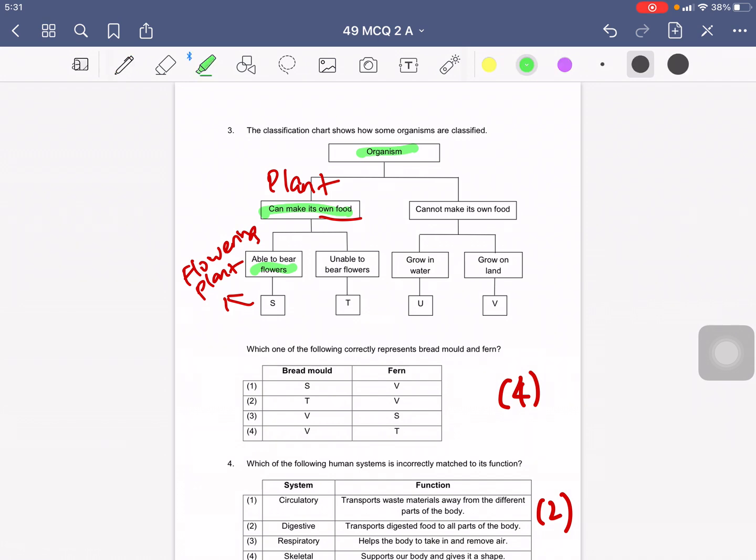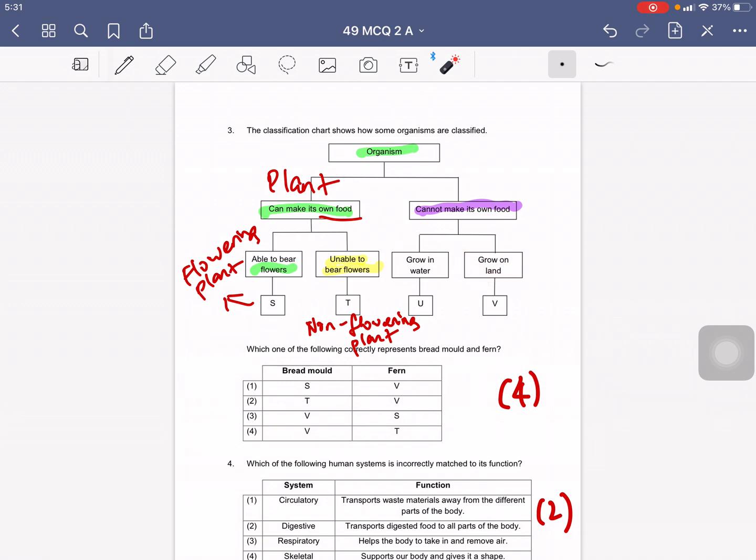And for T, unable to bear flowers, so it's a non-flowering plant. For the other side, cannot make its own food, so it cannot be a plant. For U, it grows in water. For V, it grows on land.